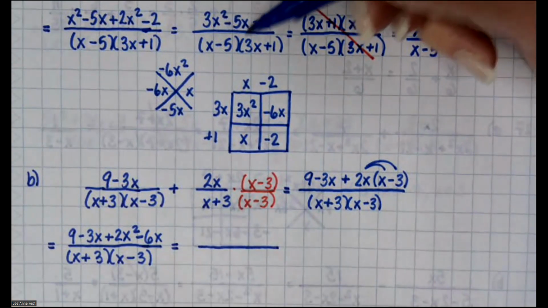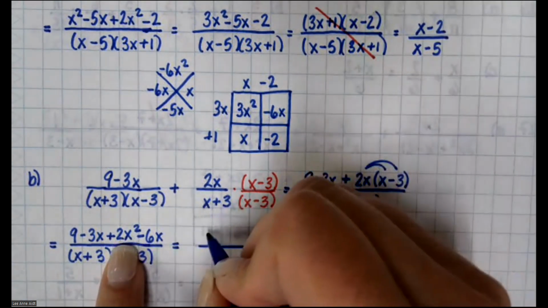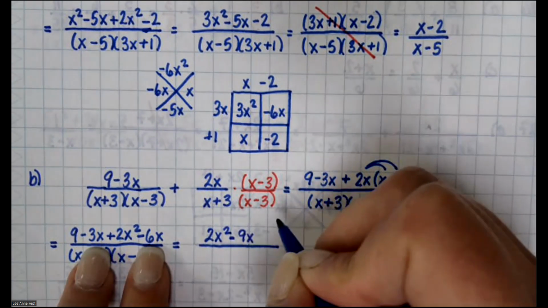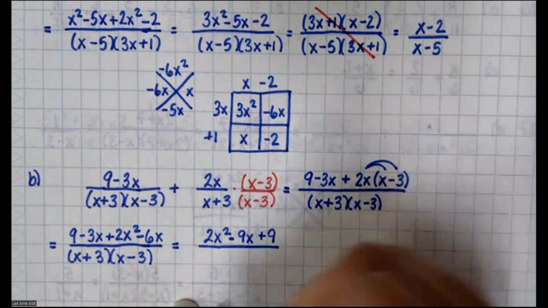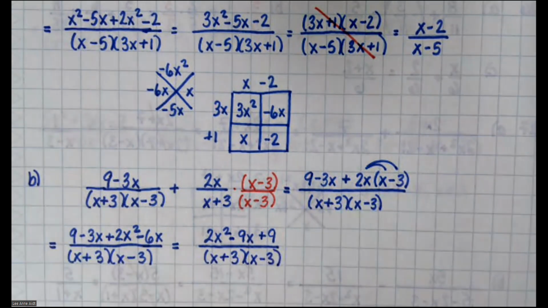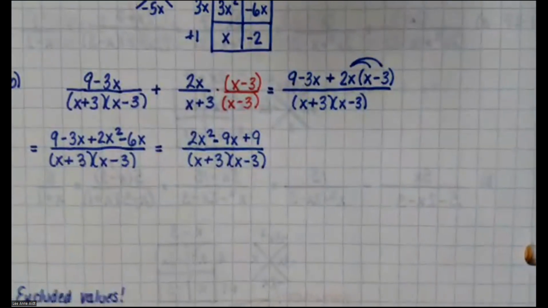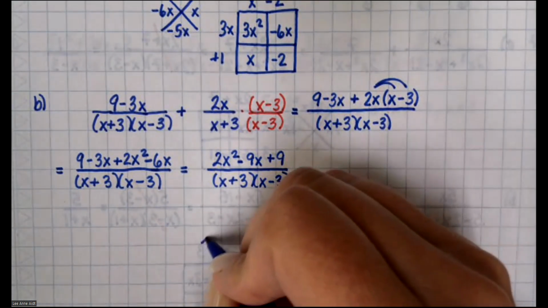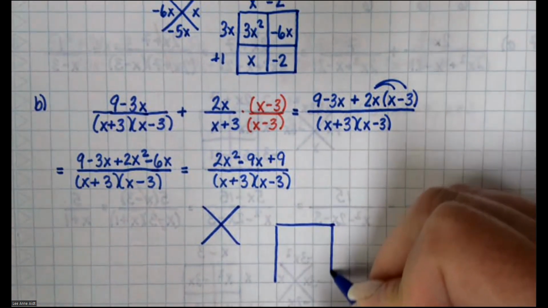So like x squared, then x, then number, so that it's for the factoring. So I have 2x squared minus 9x plus 9. Okay, do you know what I'm gonna ask you to do next? Factoring. Okay, so you're gonna factor the numerator. Look for giant ones. Cancel. Write your final answer.